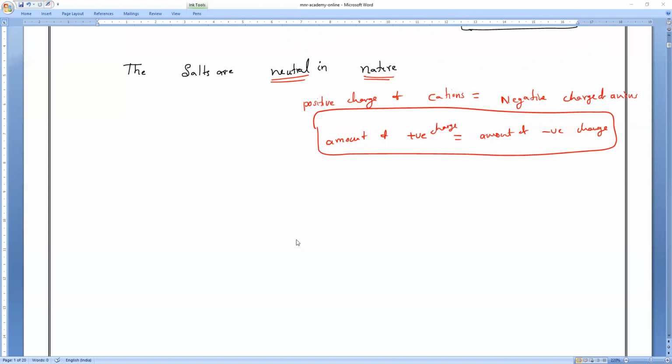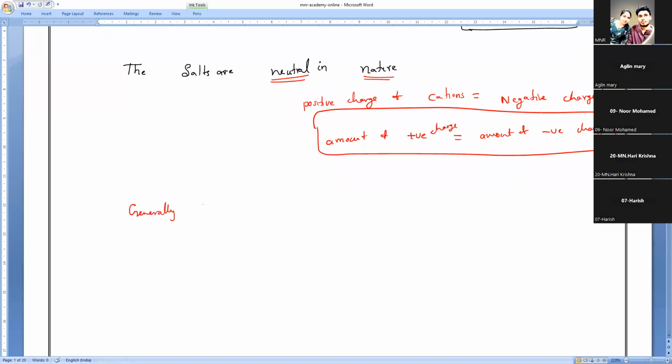Next, let us take some examples of these salts along with their formulas. Every salt is basically made by neutralization reactions. Can you recall for one minute what a neutralization reaction is?